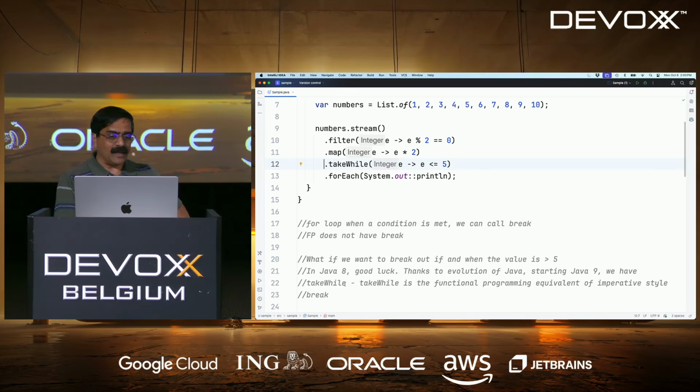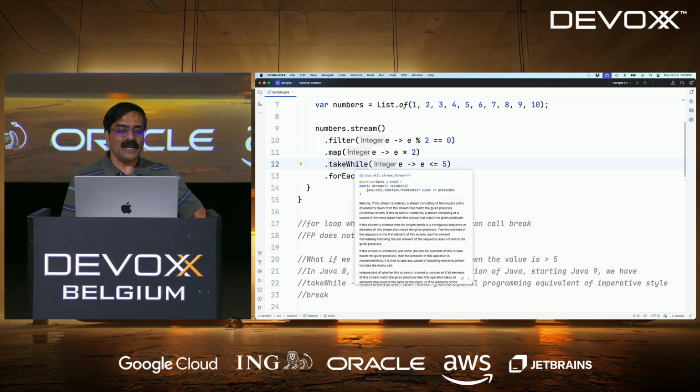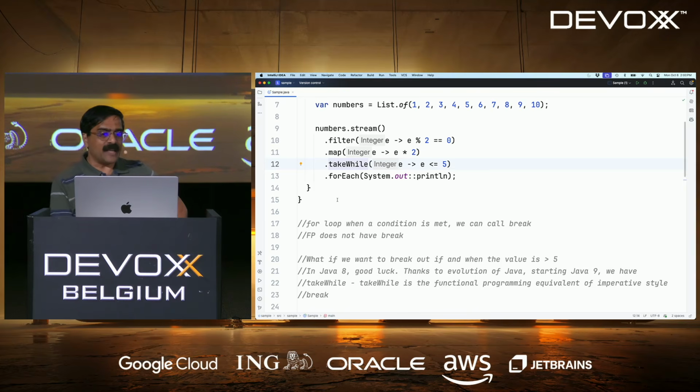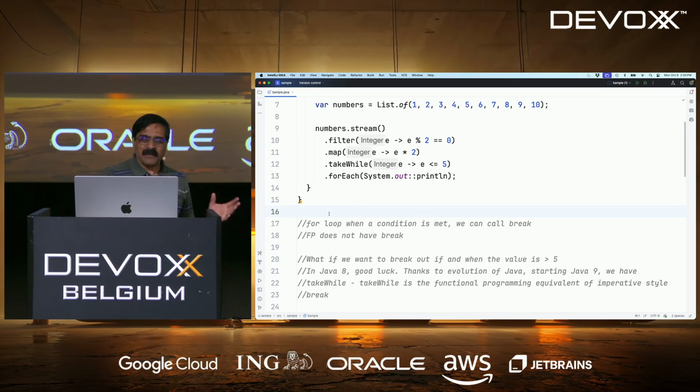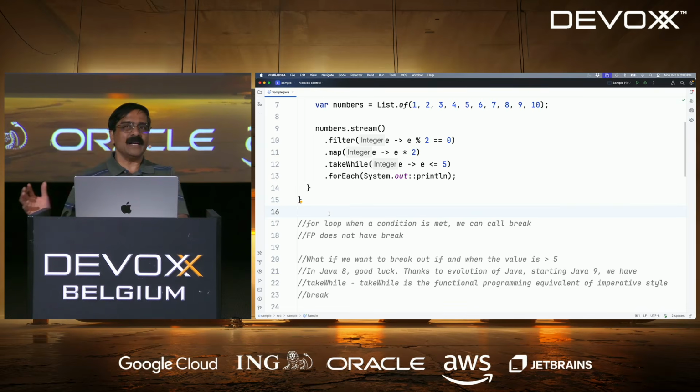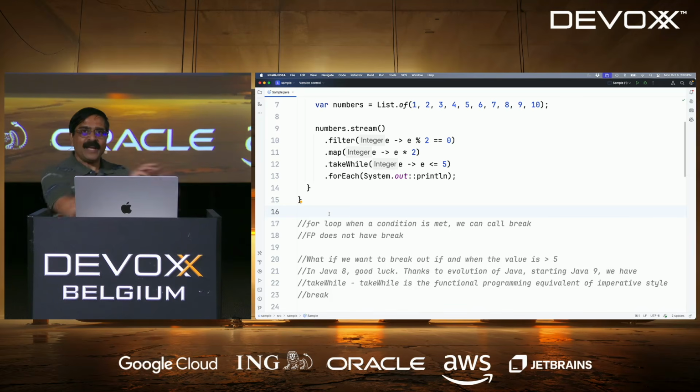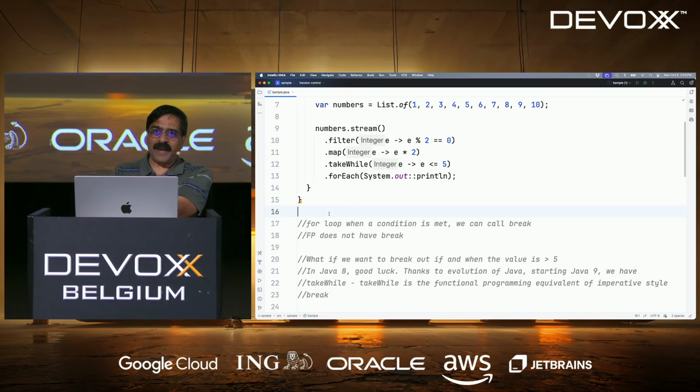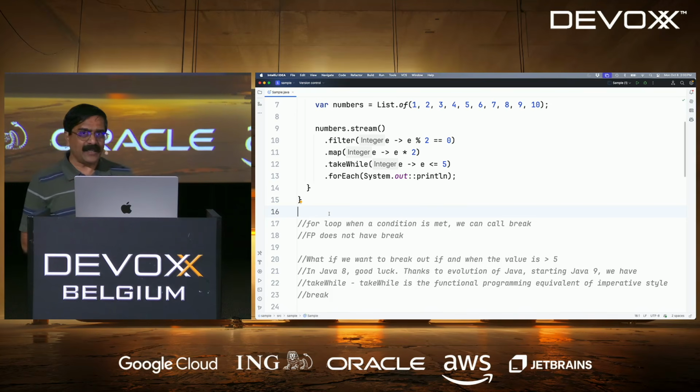So takeWhile is something that they added in Java 9, much later than what was provided in Java 8. Now we can see the issue here, right? We needed to do something that was not done in the Stream API, and we had to wait for them to add it into the Stream API.